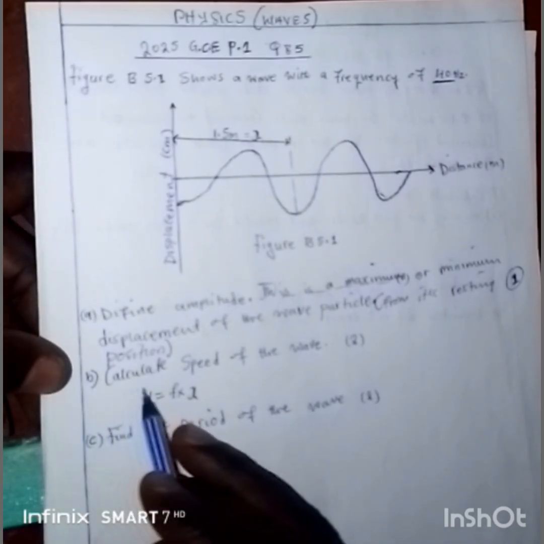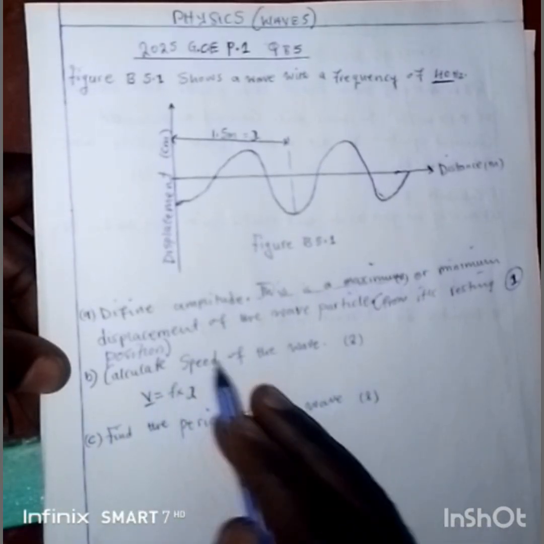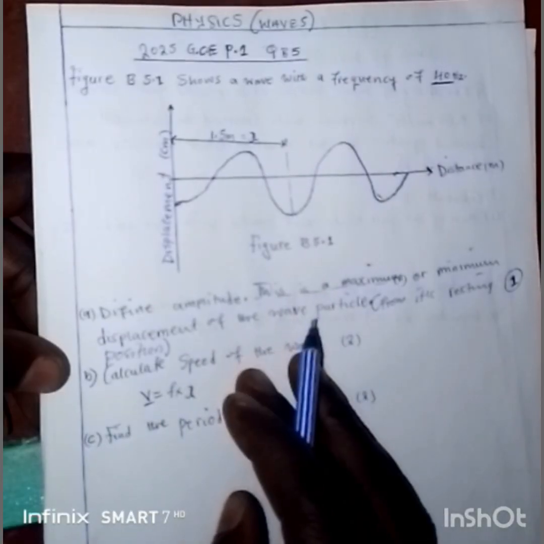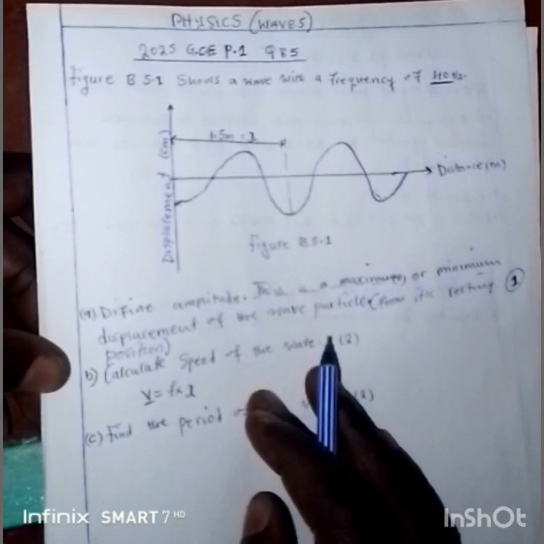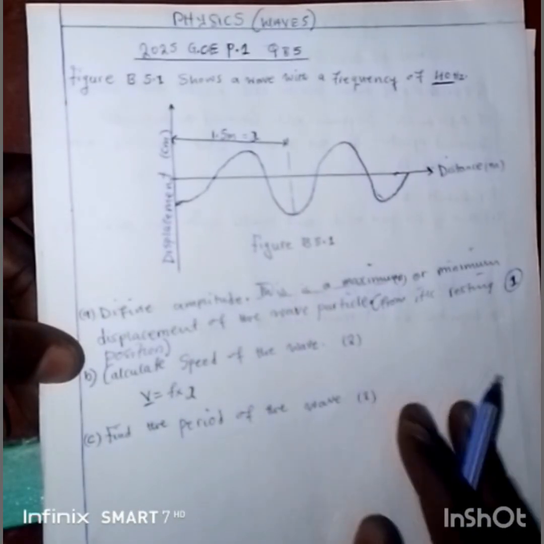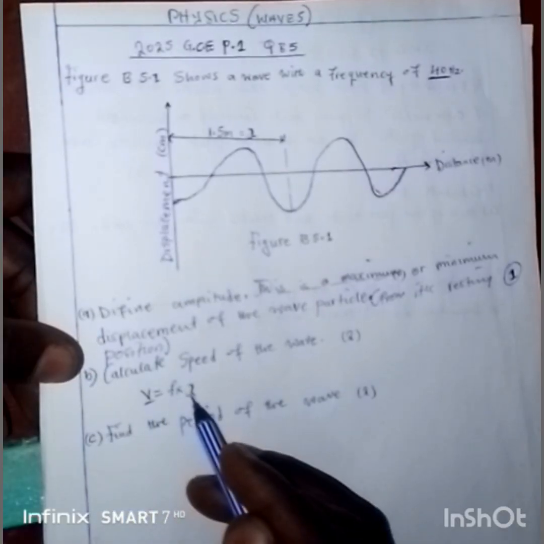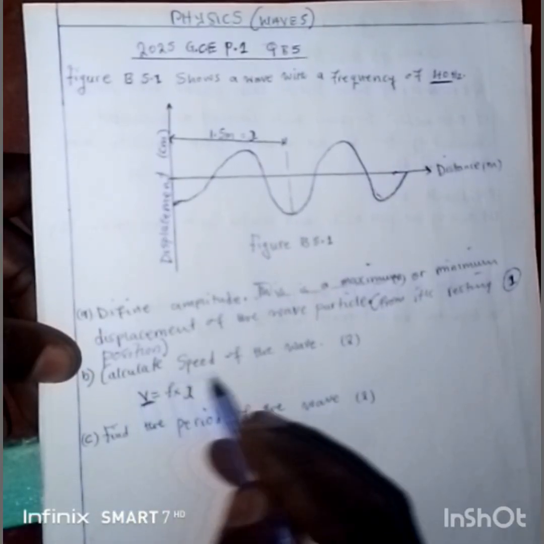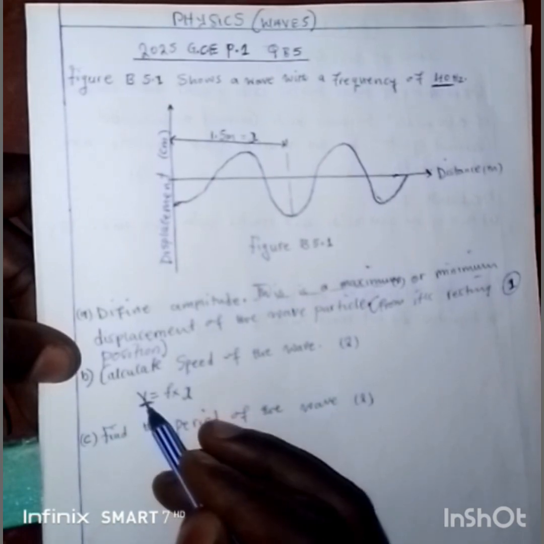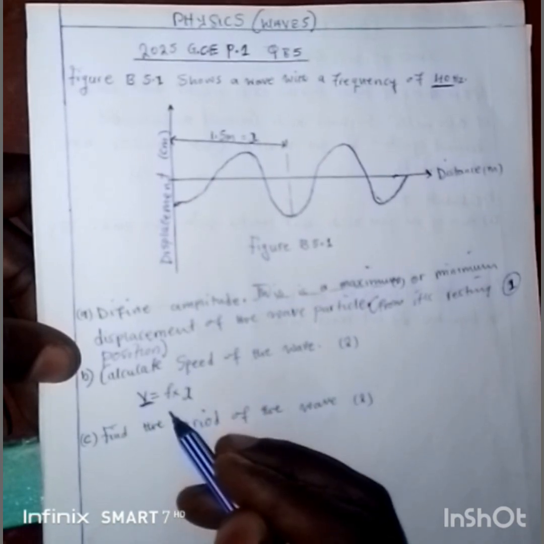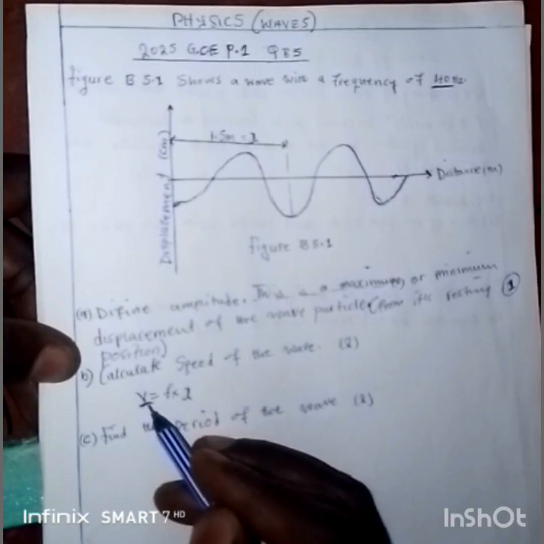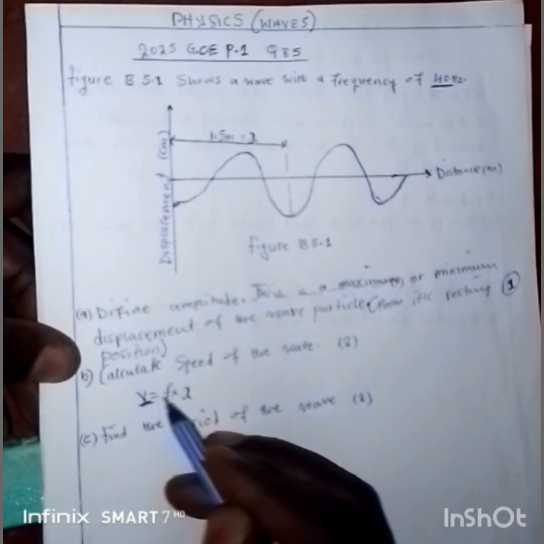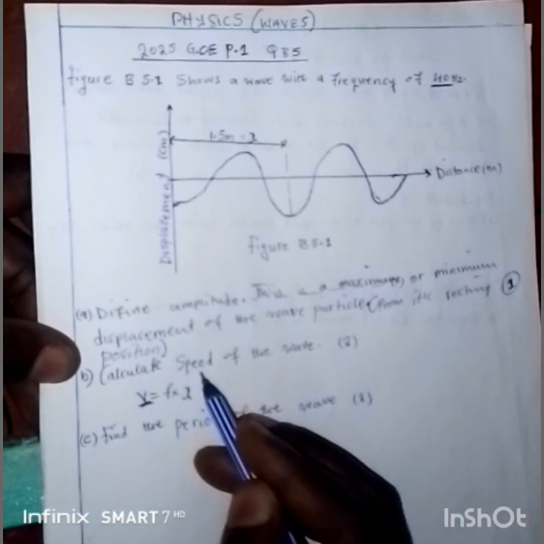Now, B, calculate the speed of the wave. To calculate the speed of the wave, we are going to use the general formula of the wave, which is v equals frequency times wavelength. Remember that we are told to calculate the speed, and speed and velocity are more or less the same thing. The only difference is that velocity has got a direction, whereas speed has no direction.